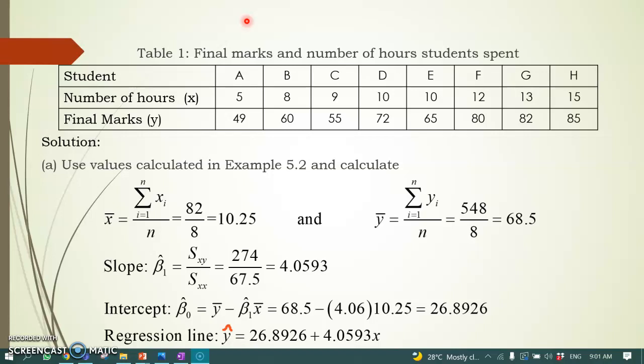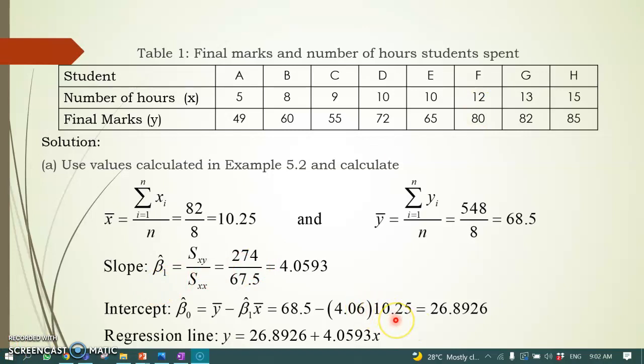So this is the linear regression line to represent the strong positive linear relationship between the independent variable and the dependent variable here, which are the number of hours and the final marks. Alright, so this is how to calculate the linear regression line.